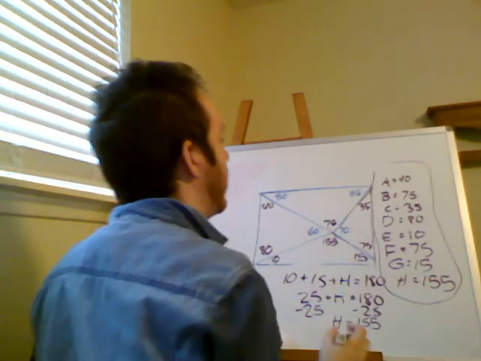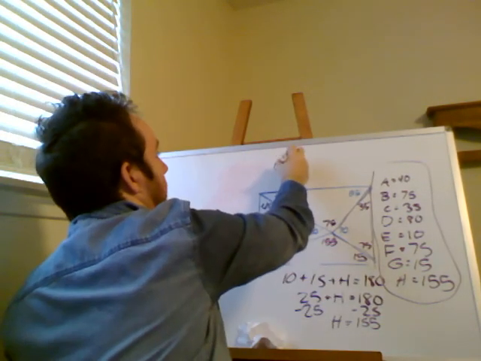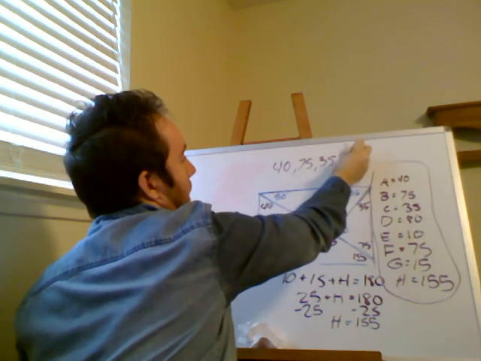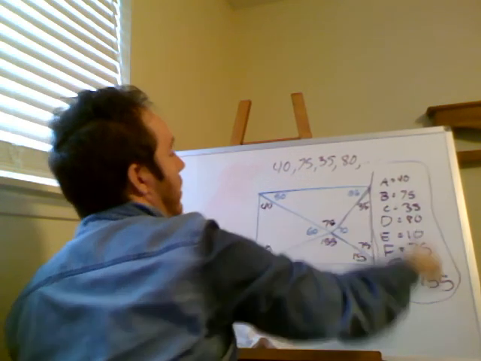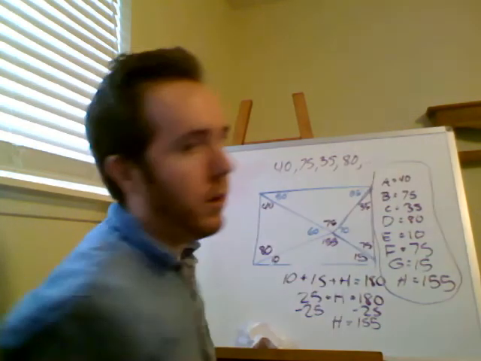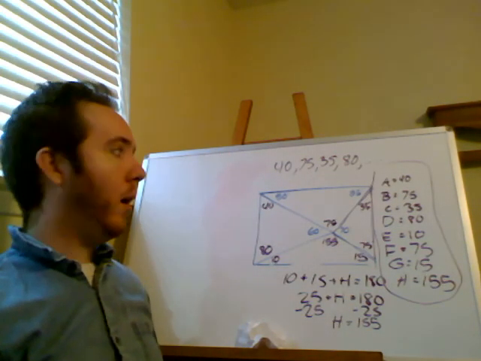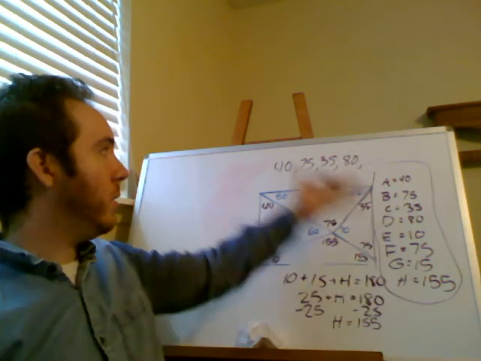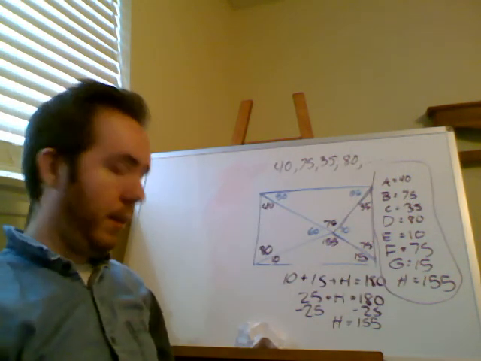Or you can just write it as a comma separated list, like just write 40, comma 75, comma 35, comma 80, comma dot dot dot, right? So just write that as a comma list. You can do that if you want also. But yeah, try to write it in the order A through H, like that. And that'll do it.